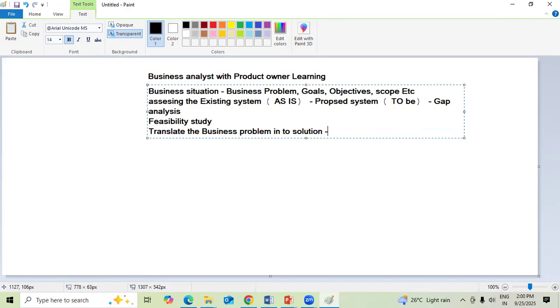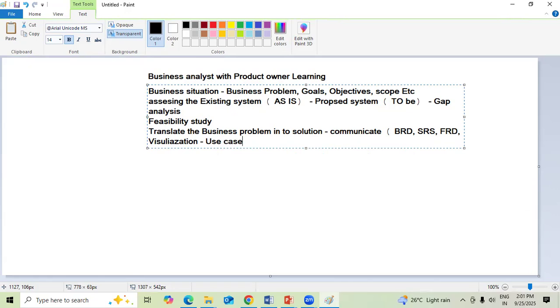Because this solution has to be communicated, we prepare different documents, like a business requirement document, an SRS document with the help of the technical team, and a functional requirements document. For visualization purposes, we prepare some UML diagrams, like use case and sequence diagrams. Next, we create use cases followed by test cases and so on.